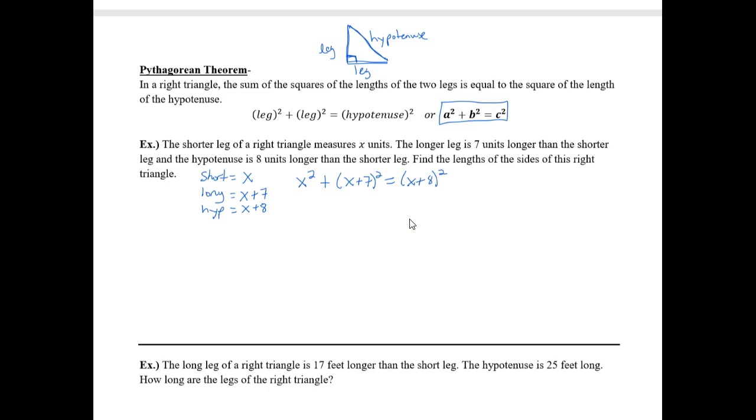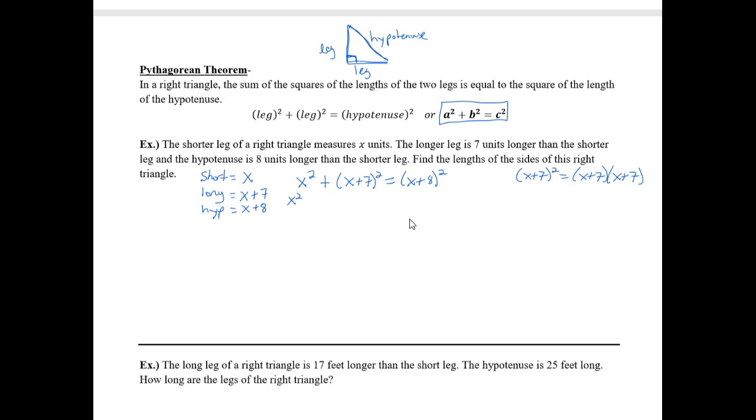Now we have to get rid of these parentheses, so we have to multiply that out. I have the x squared from the first term, and don't forget that x plus 7 squared is x plus 7 times x plus 7. Don't try to distribute that square across the sum. You can't do it. You're going to lose your middle term.